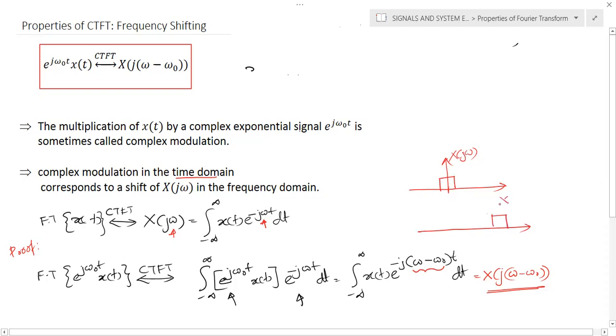This will be the new transform, omega minus omega 0. The entire signal is shifted to a new position. So this is the frequency shifting property.